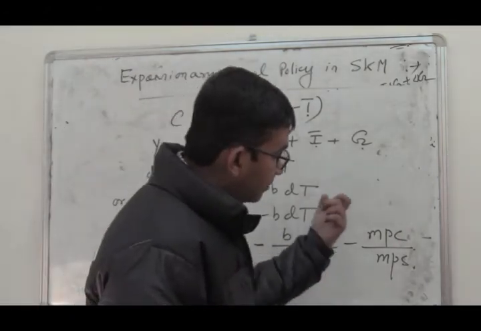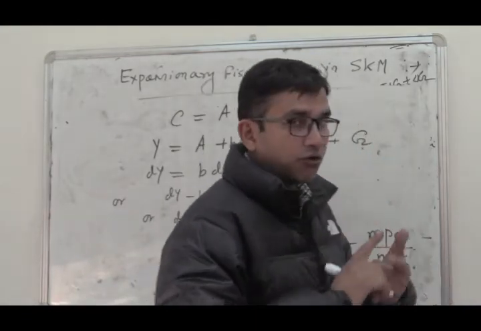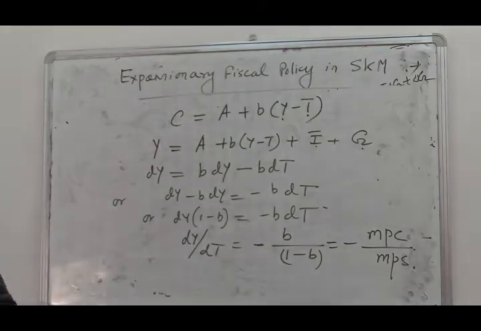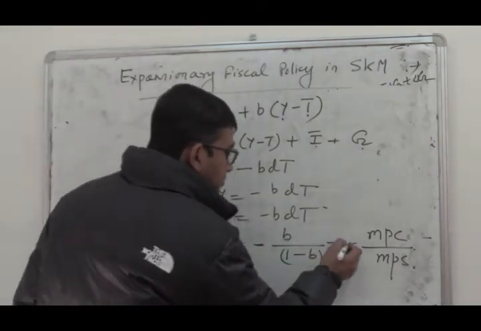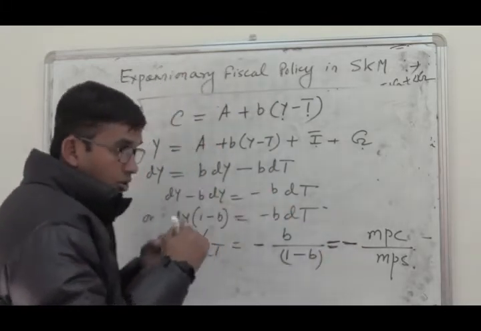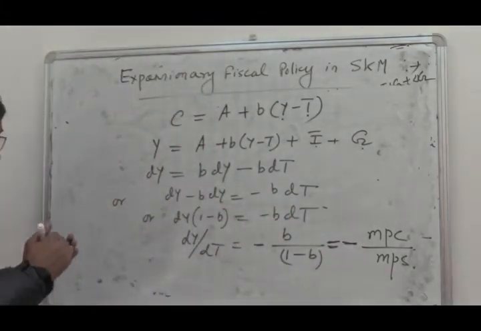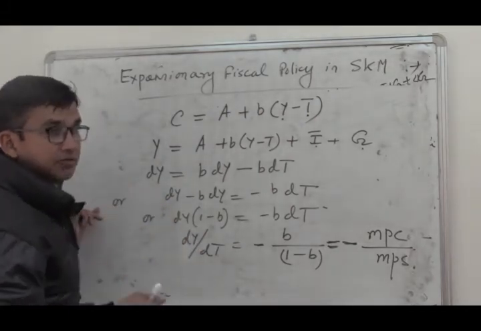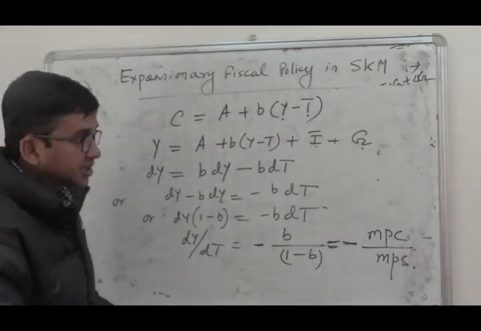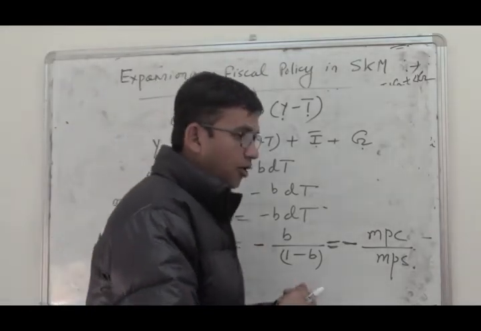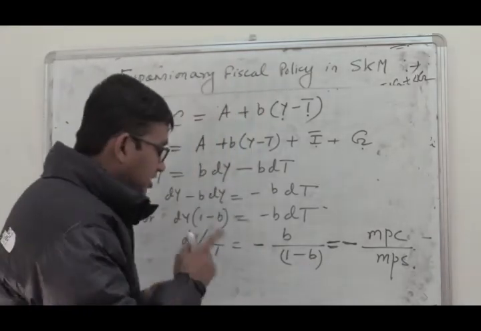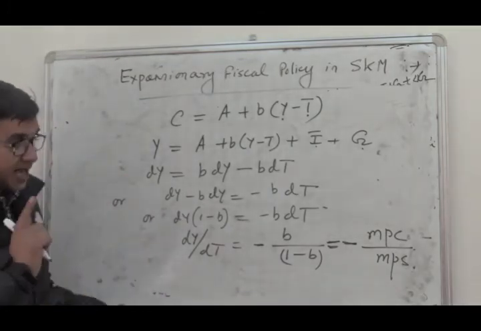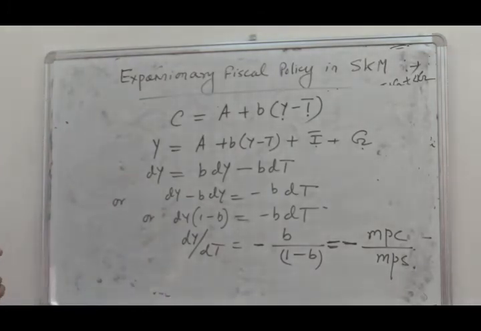Normally MPC is greater than MPS, so the magnitude of the tax multiplier must be greater than 1. So we can conclude that if the government reduces the tax, national income will increase. If the government increases the tax, national income will fall, just because tax is a kind of leakage. Tax is not an injection.